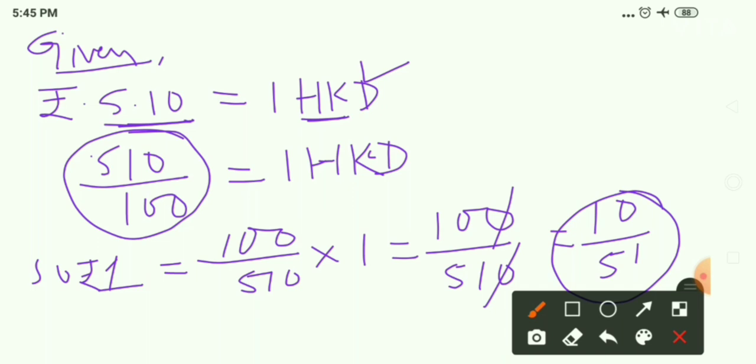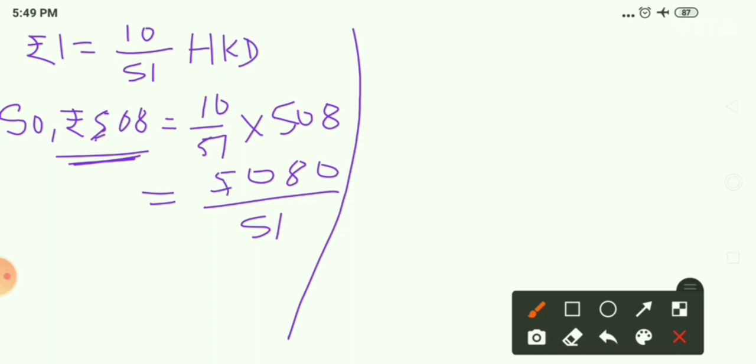So this is the Hong Kong dollar for 1 Indian rupee. Now after solving it, we will get 5080 upon 51. So now we have to divide this number, 5080 divided by 51. Let's see how much we are getting.